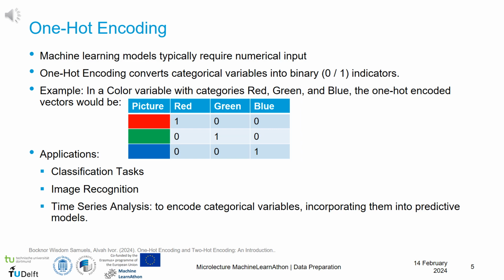So usually in these new columns there should only be a 1 in every row. Here on the slide you can see an example where you have these pictures, and in the first row the color is obviously red, and therefore in the column red there is the 1. And you usually need this for classification tasks, but you can also apply it in image recognition and time series analysis.